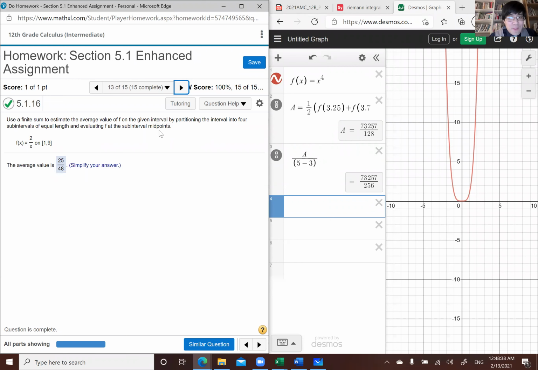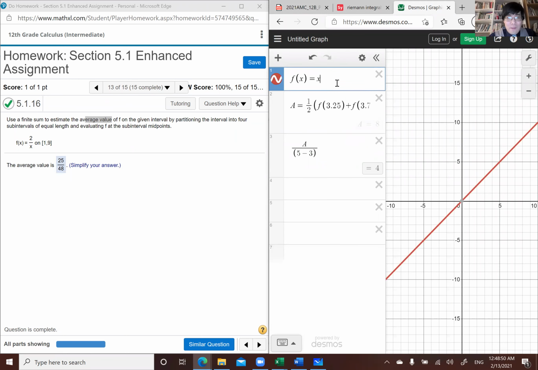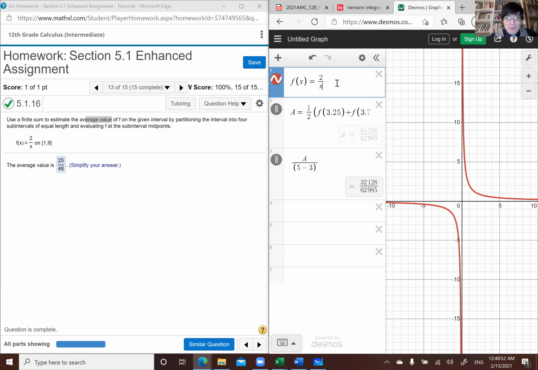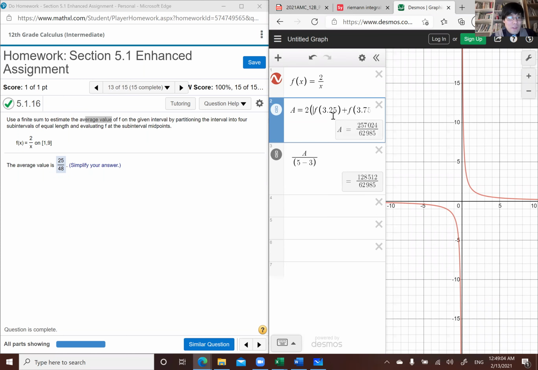Again, this is the same thing. It says midpoint, finite sum, find average. So it's the same thing, but tedious. It's going to be 2 over x. The total interval is 9 minus 1, which is 8. 8 is divided into 4 intervals, so each interval length is 2.